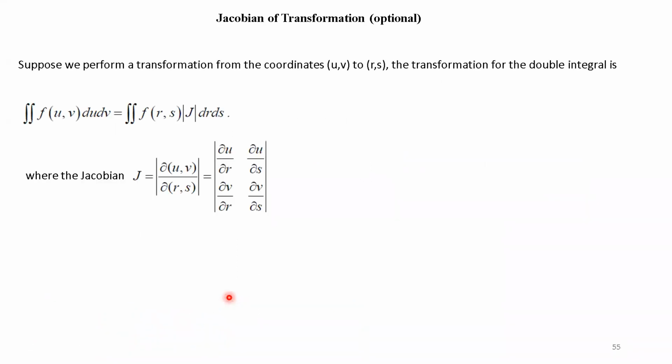Now what we are doing is also a variable change, but with a pair of variables. It turns out that there is a formula we can use to make this variable change and figure out the extra factor that you need after you do the change of variable.